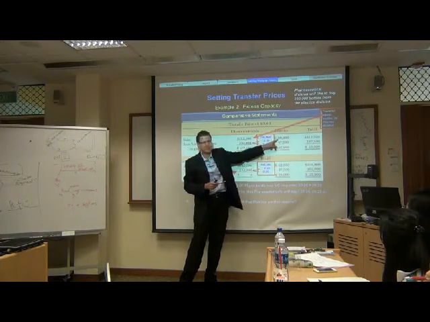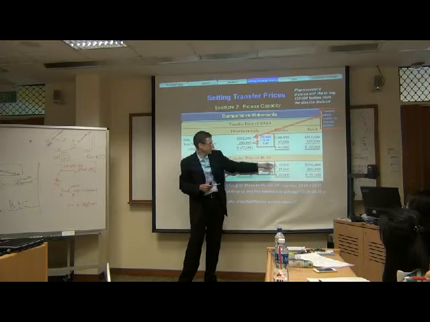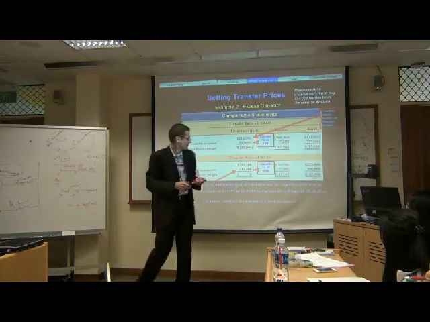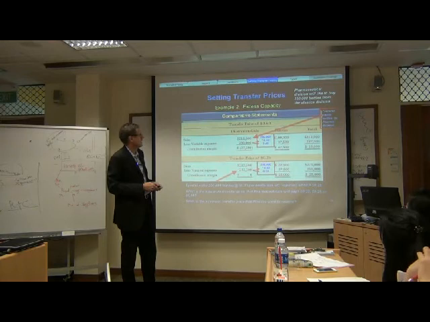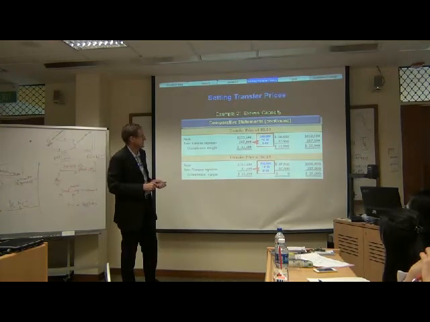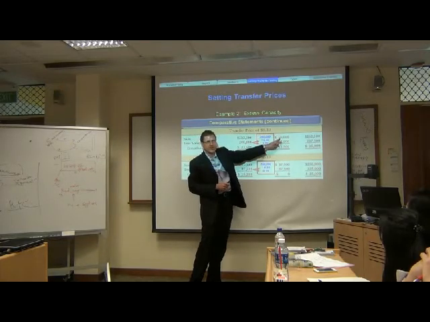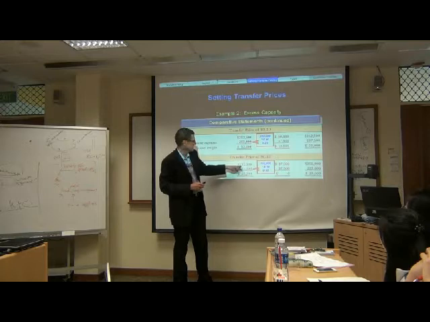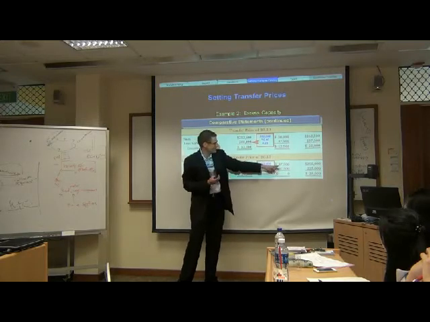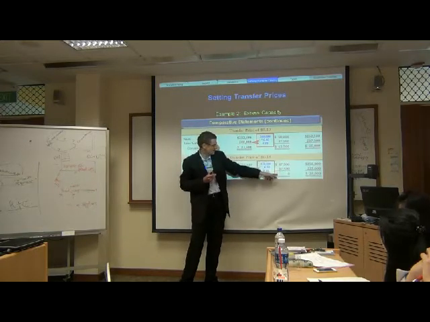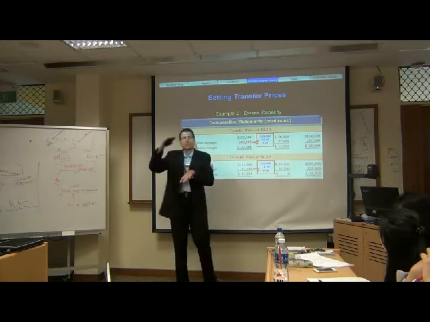Not 100,000. You see that? Okay. All right. What about 20 cents? Oh, now they only have to pay 50,000. What about 15 cents? 37,500. Guess what? Plastics division makes zero money. Okay. So you can see the range.